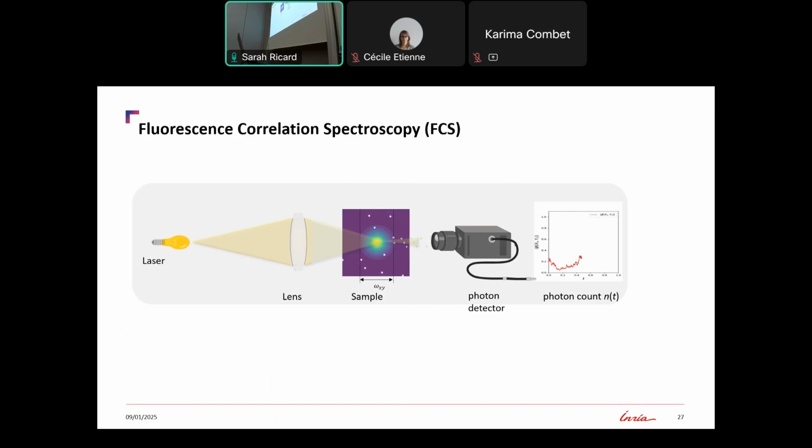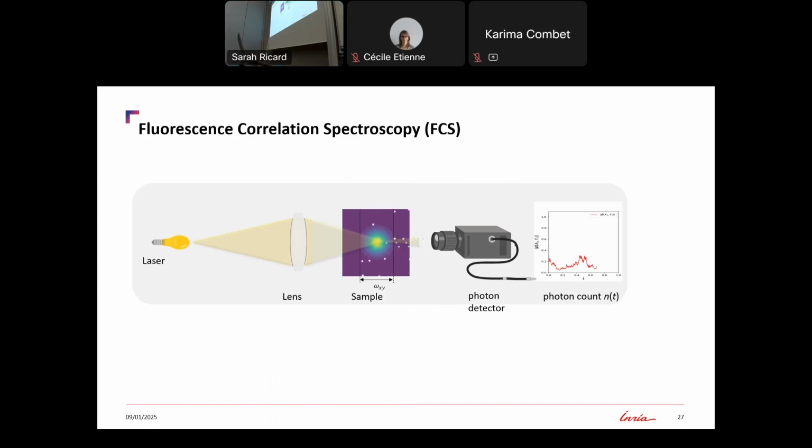So your primitive measurement is a photon count. It's the number of photons emitted by your molecules per time unit. This is very simple to do. You just have to modify your protein of interest by putting a fluorescent tag on it, and that's it.